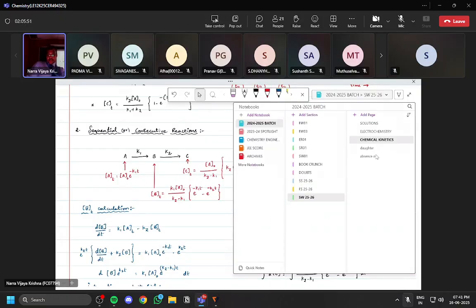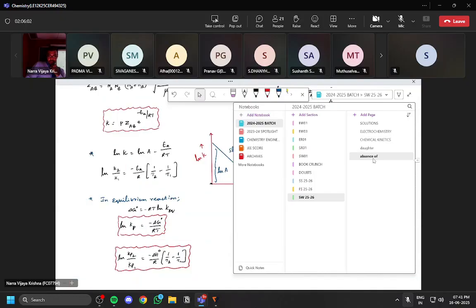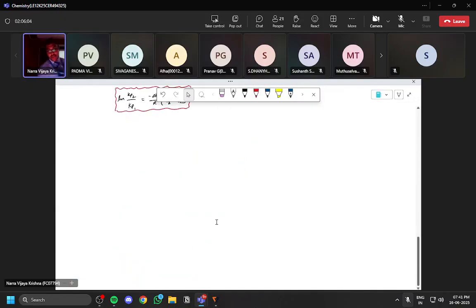Binding energy is nothing but energy required to hold all the nucleons together.